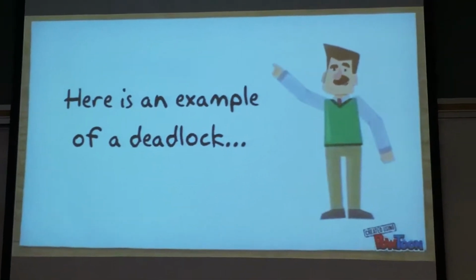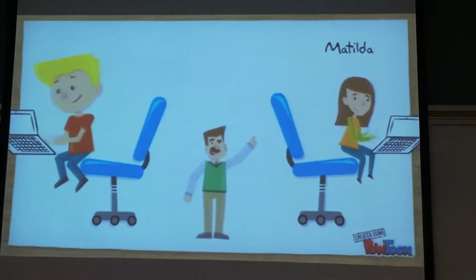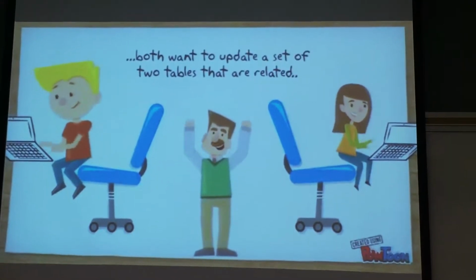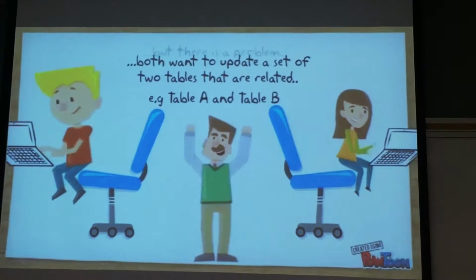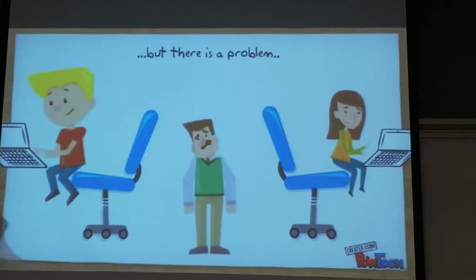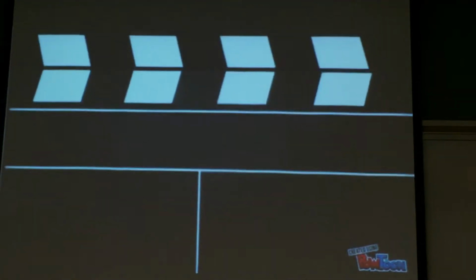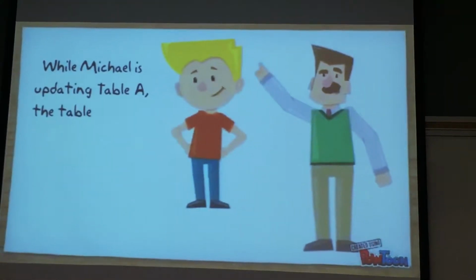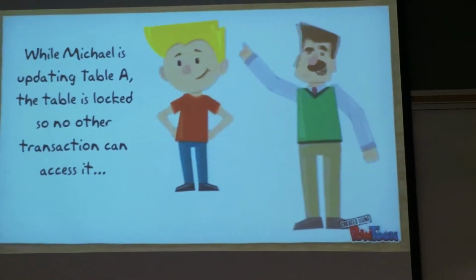Here's an example of a deadlock. Both Michael and Matilda want to update a set of two tables that are related, but there's a problem. Since they are accessing the database simultaneously, Michael is updating table A, which is locked, so no other transaction can access it.